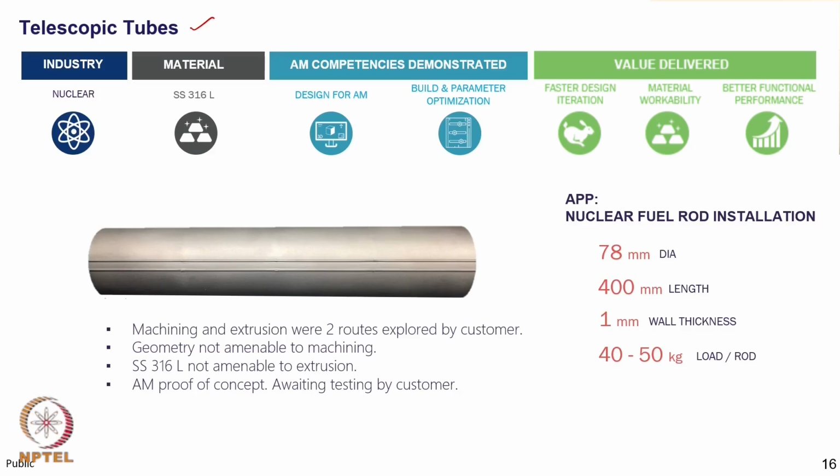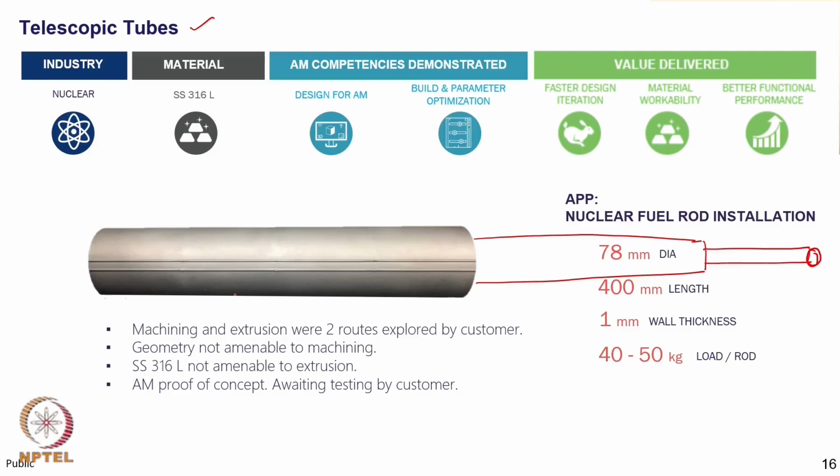These telescopic tubes are called so because many tubes are inserted into one another in this fashion so that larger lengths can be achieved. In the finest diameter, the object of interest is held, in this case maybe fuel tubes which are inserted.